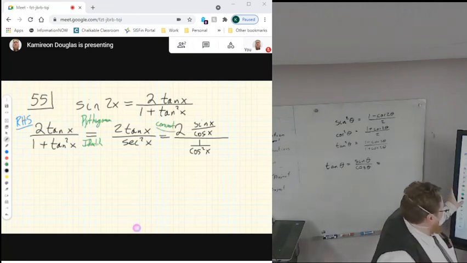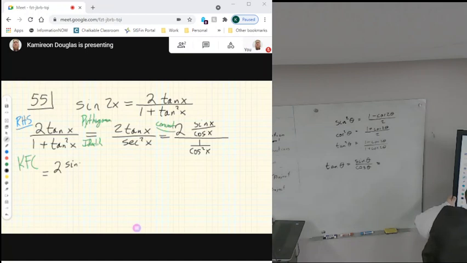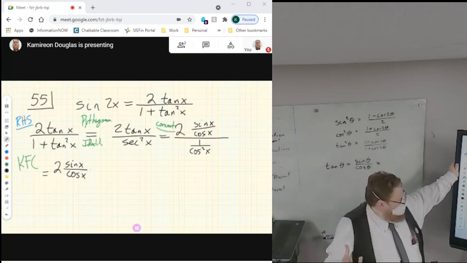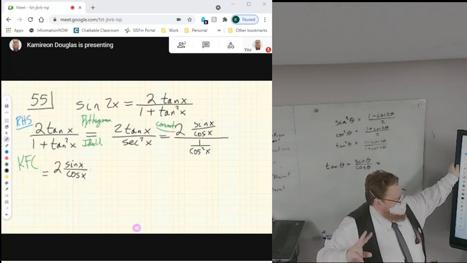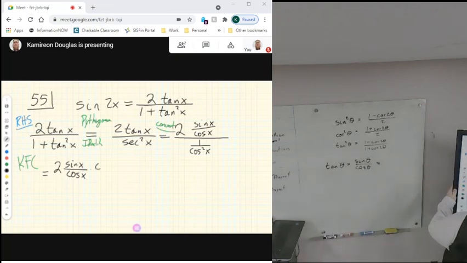Now over here, I'm going to use KFC. This becomes 2 sine of x over cosine of x times... remember, the top stays the same. KFC says we keep the top, flip the bottom, and change the multiplication. So instead of 1 over cosine squared, it becomes cosine squared over 1.